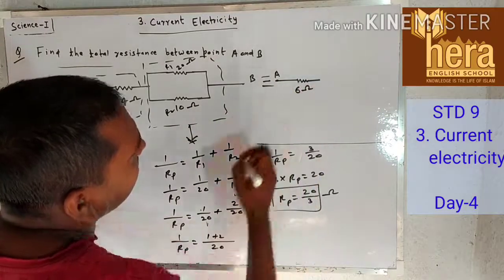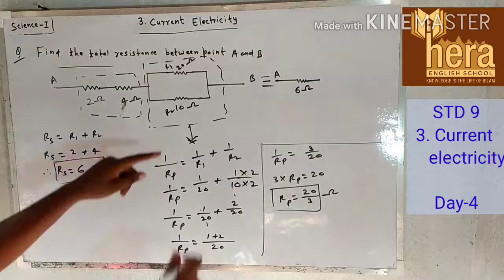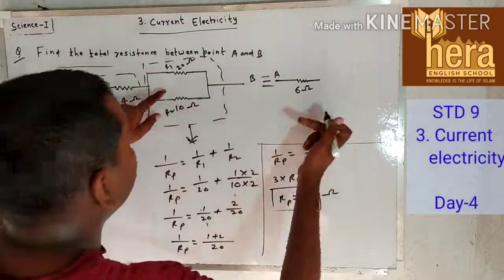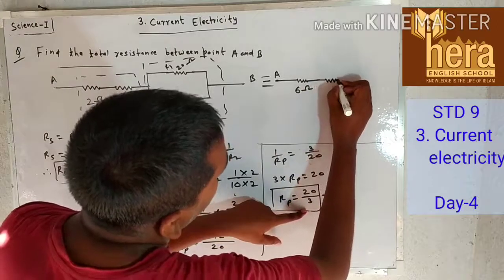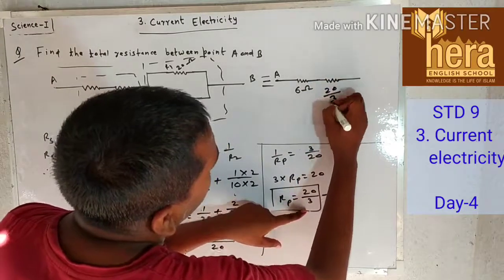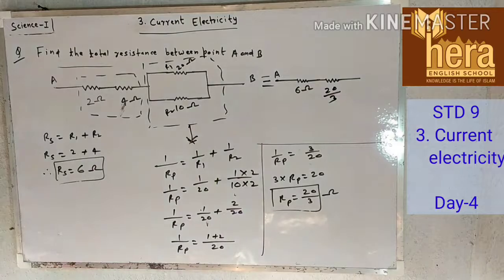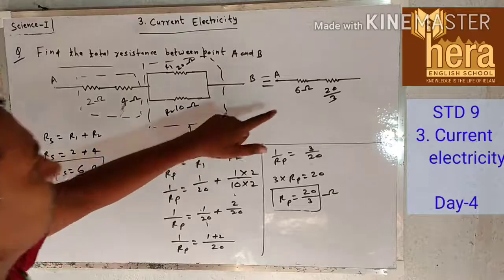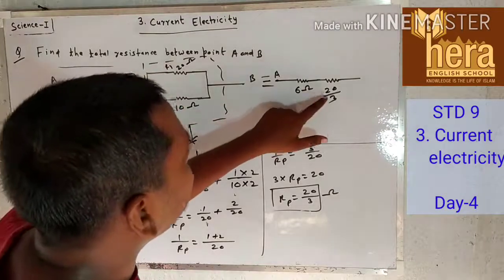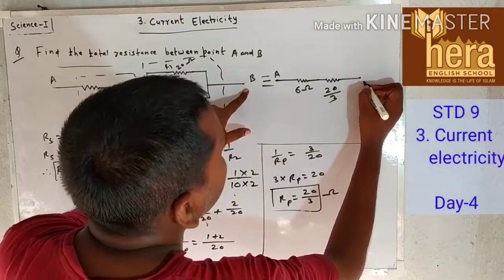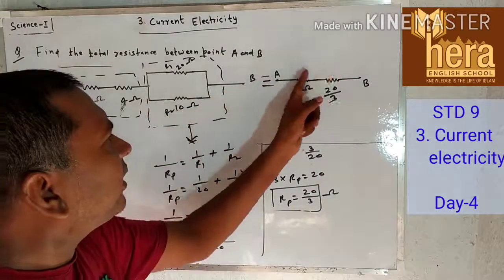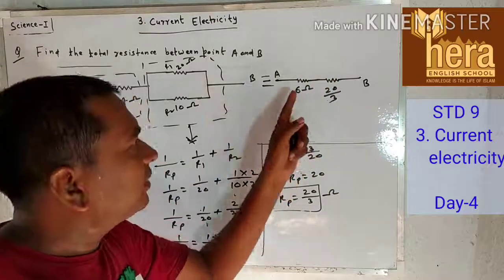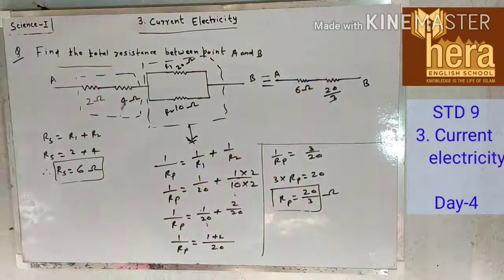And this is equivalent to 20 upon 3, and here is point B. So now these two became in series.